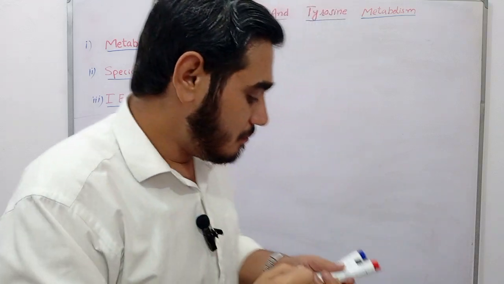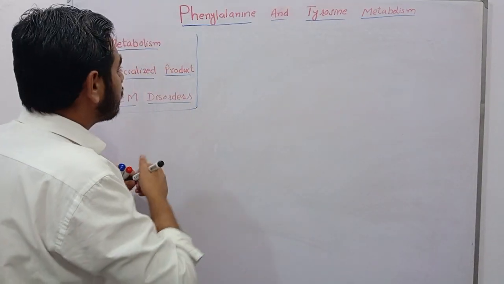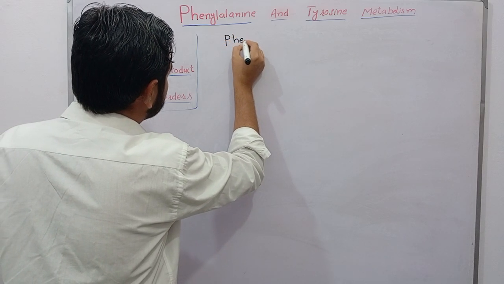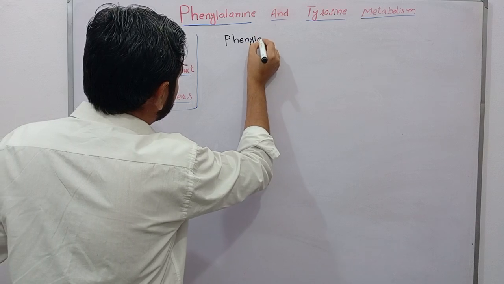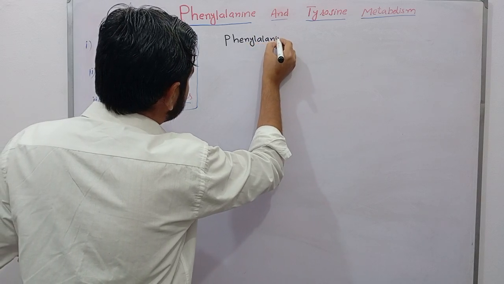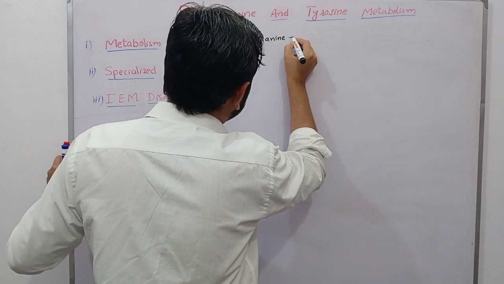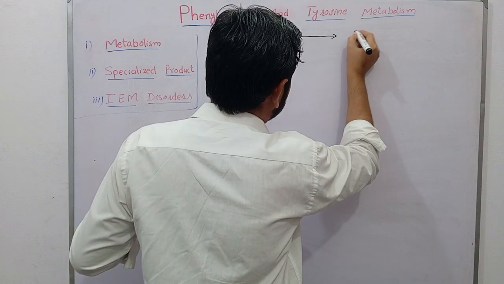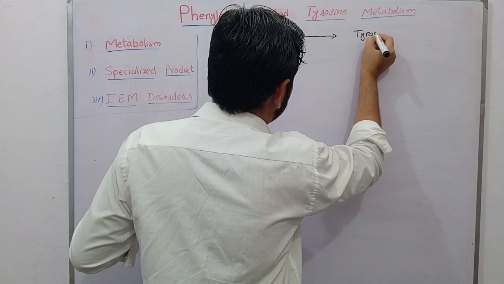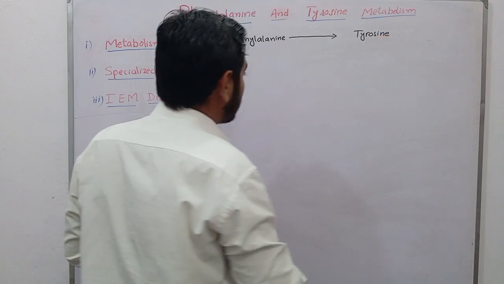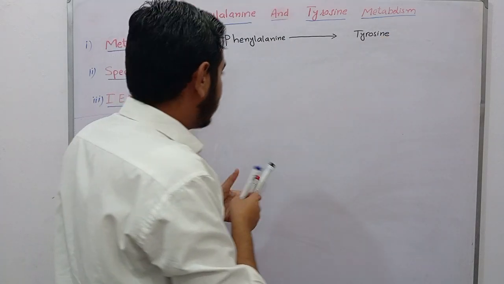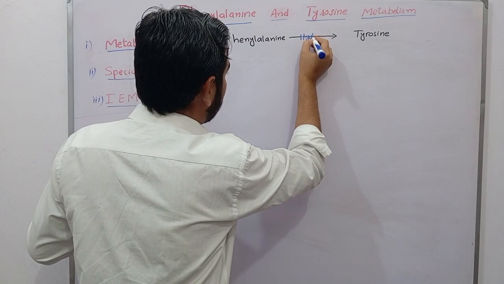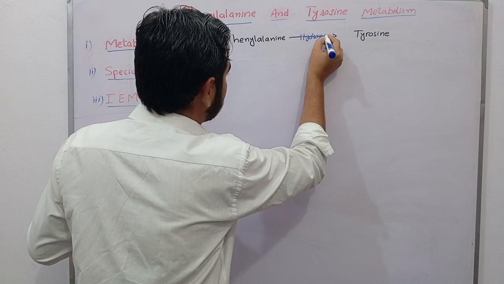Okay, metabolism. First of all, this phenylalanine converts into tyrosine by the action of phenylalanine hydroxylase enzyme.